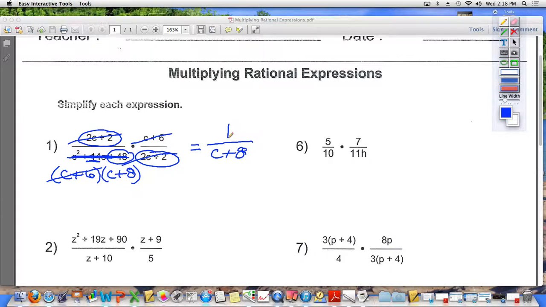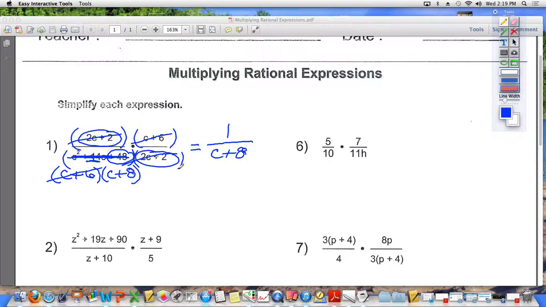Why did you cross them out if they're not in the same fraction? Well, his question was: why is it that I can cross off the c plus 2 on the top and the c plus 2 on the bottom when they're not in the same fraction? Remember when we were just talking about those fractions, without polynomials in it? You took the numerator times the numerator, and the denominator times the denominator.